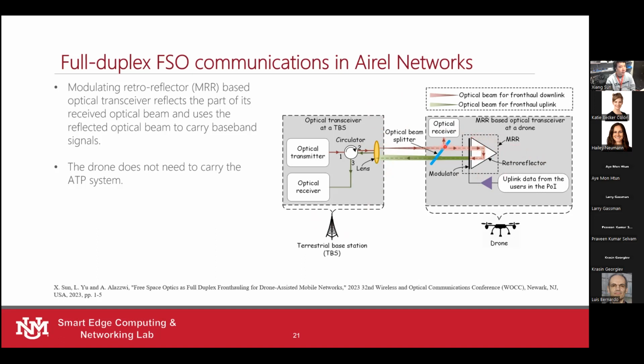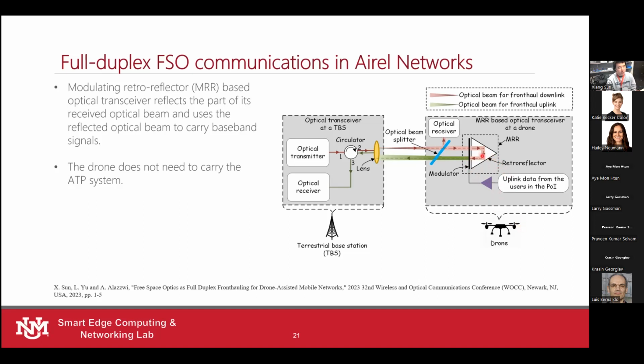First, it's going to split this downlink optical beam into two portions. One portion goes to the optical receiver to demodulate the data from this optical beam, and the other portion is sent to the MRR, which is going to reflect and remodulate these optical beams based on the data from the users.